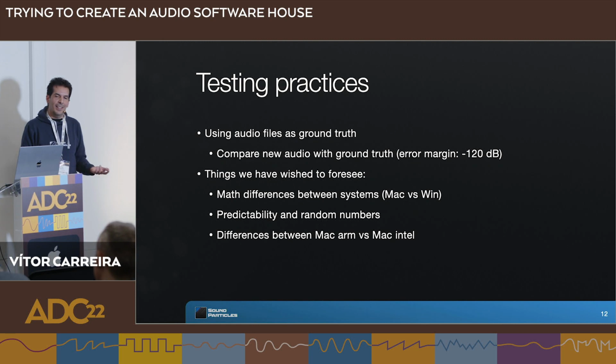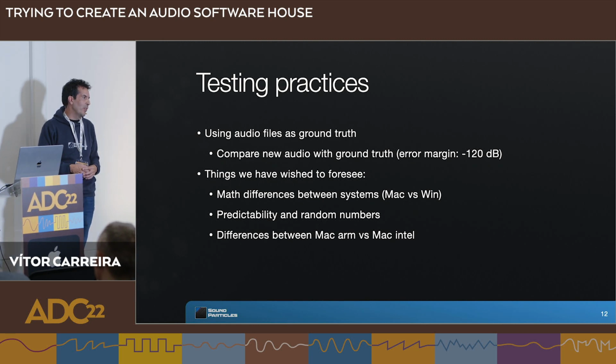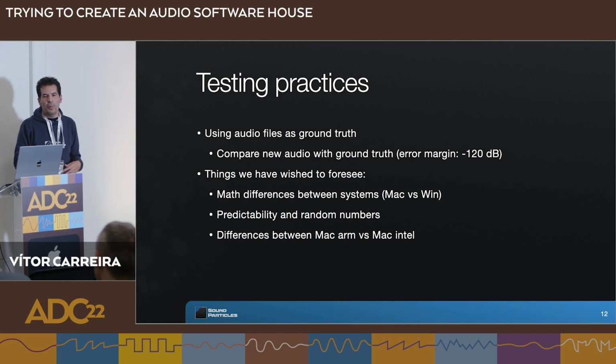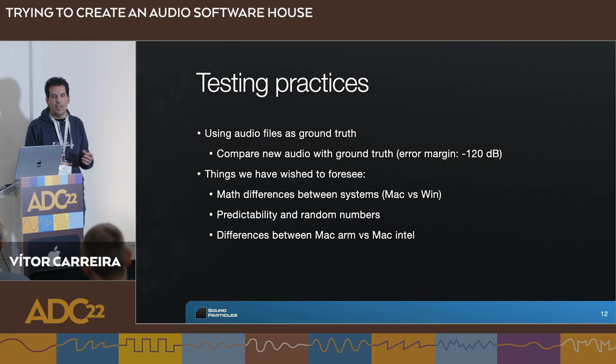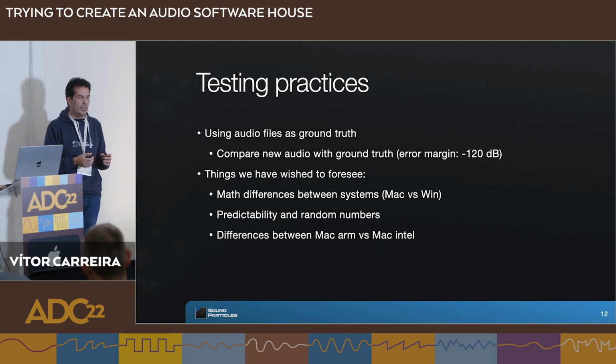So at that time we decided, okay, we must go to multiple comparison files. So we have a comparison file for Mac, we have a comparison file for Intel, okay, Windows, sorry, and if we need, we also have a comparison file for Mac ARM, but at the moment because our pipeline is only Mac ARM, we don't need that.